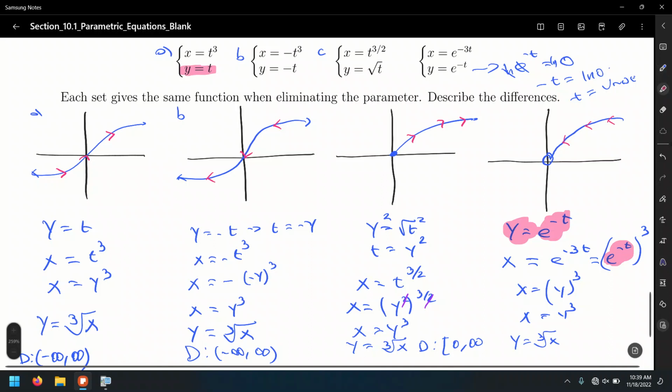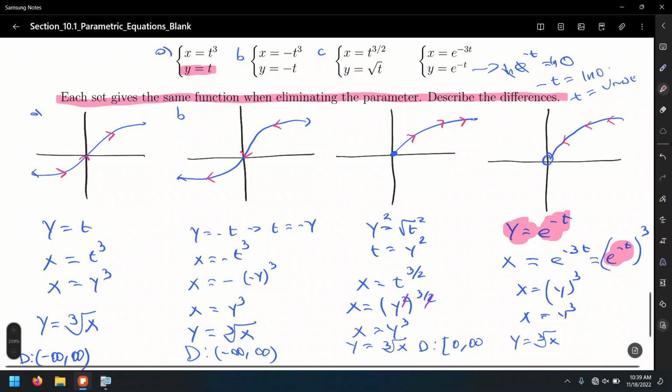Which is what they were telling us here, that every set we have above gives back the same function when eliminating the parameter. However, there are main differences based on the design of these parametric equations. The first way designs the function to have a particle traveling from west to east.